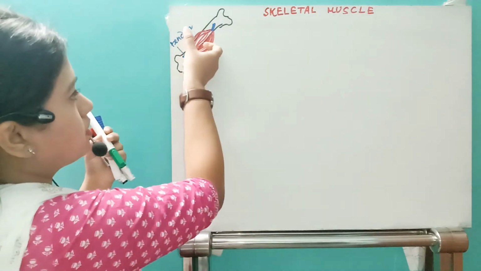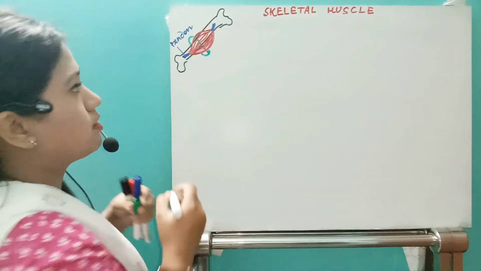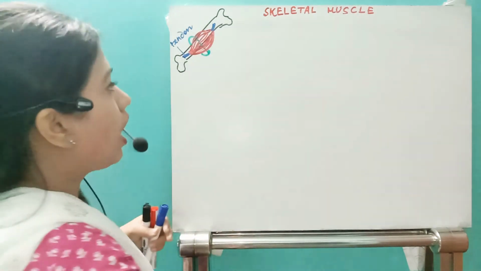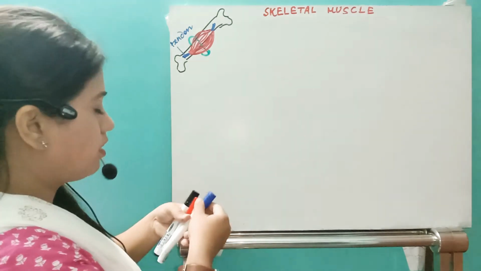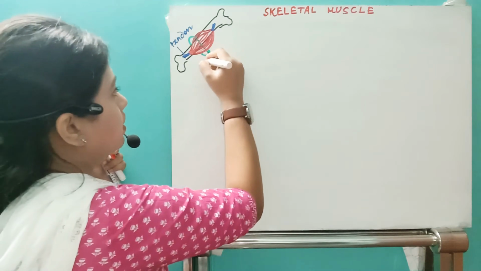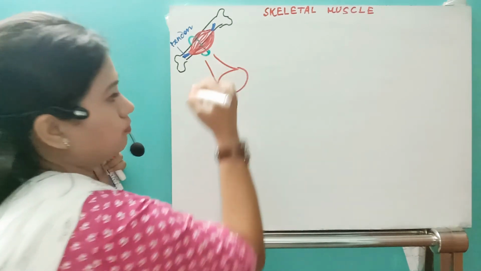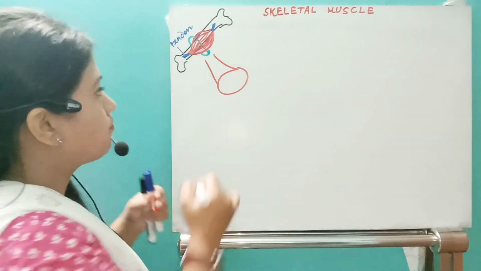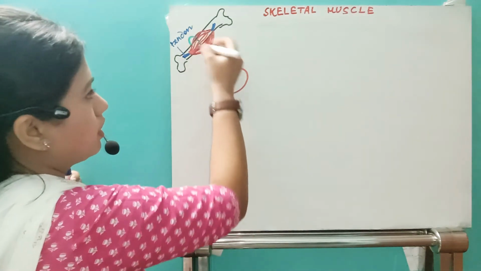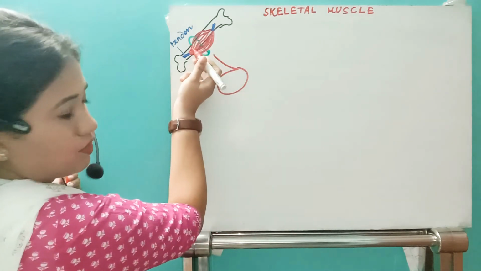That means whenever we take a section of this muscle, how will it appear? This is the muscle. Earlier it appeared like this, a lateral view. Now this is this view.